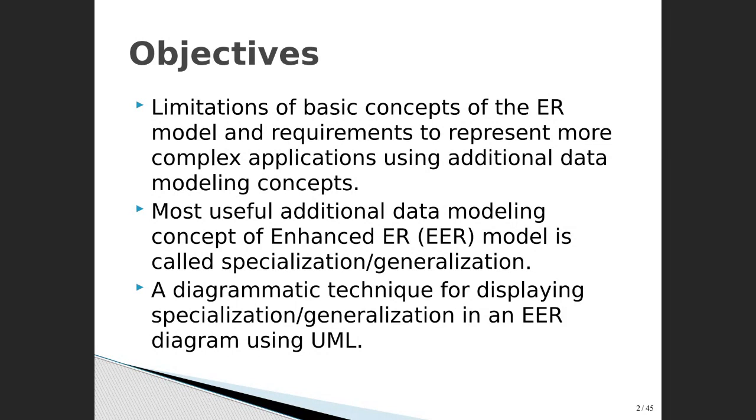All right, so the main concepts of the EER or enhanced ER model are specialization and generalization. That can be discussed by providing the concept of superclass and subclass.